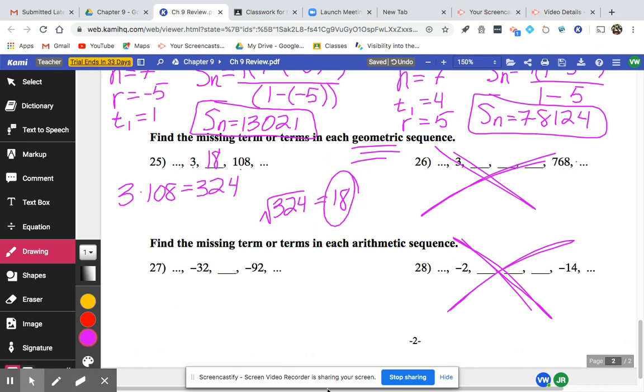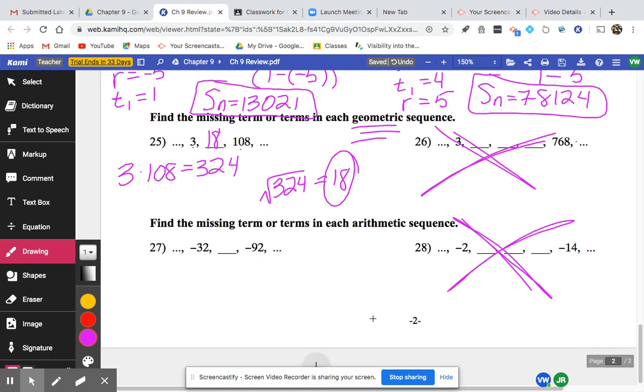Cool. Number 27, a little bit different. So here they tell us it's arithmetic. Cool. How do we do that one? How do we find that middle term there? I'm going to take this guy and this guy, -32, and I'm going to add them.